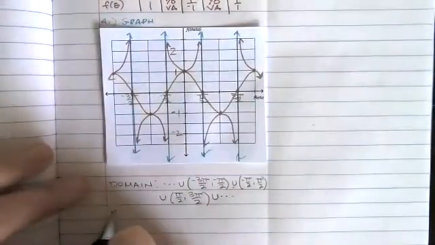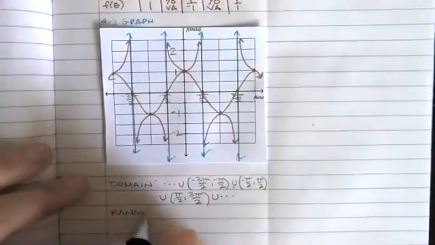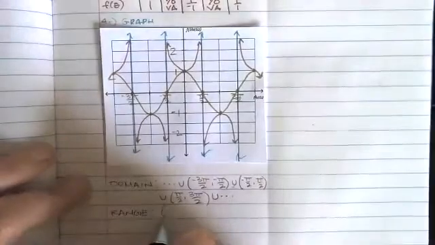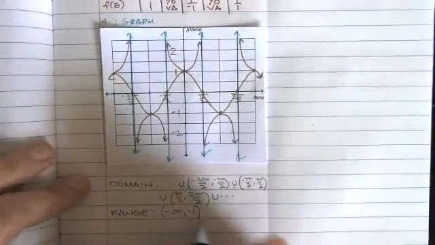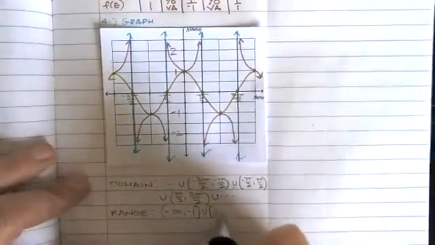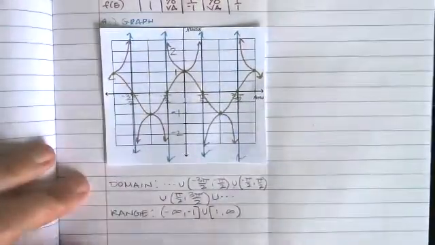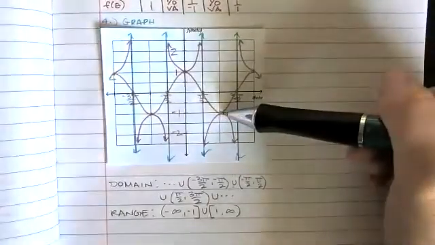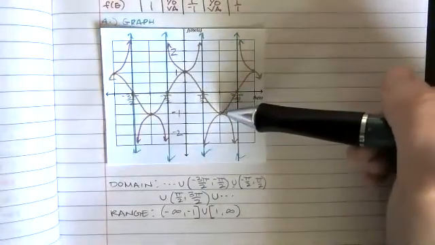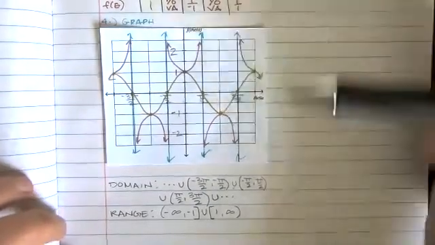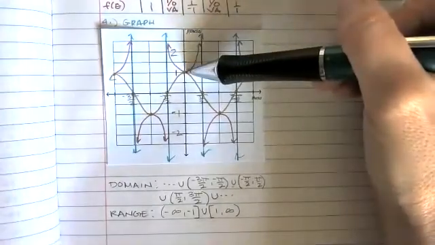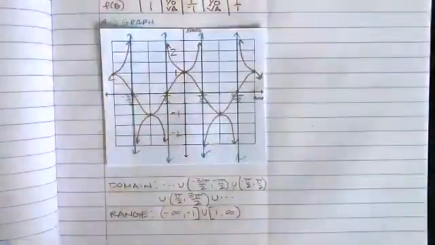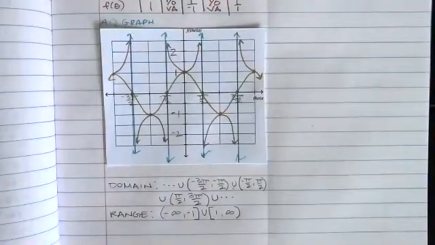And the range might seem scary at first, but I think that you'll be pretty comfortable with it once you see it. So from negative infinity to negative 1, bracket, because there's no reason that we can't use this negative 1 point, the minimum point. And then from positive 1 up to infinity. Again, bracket here, because that's not part of our vertical asymptote. Is that okay?